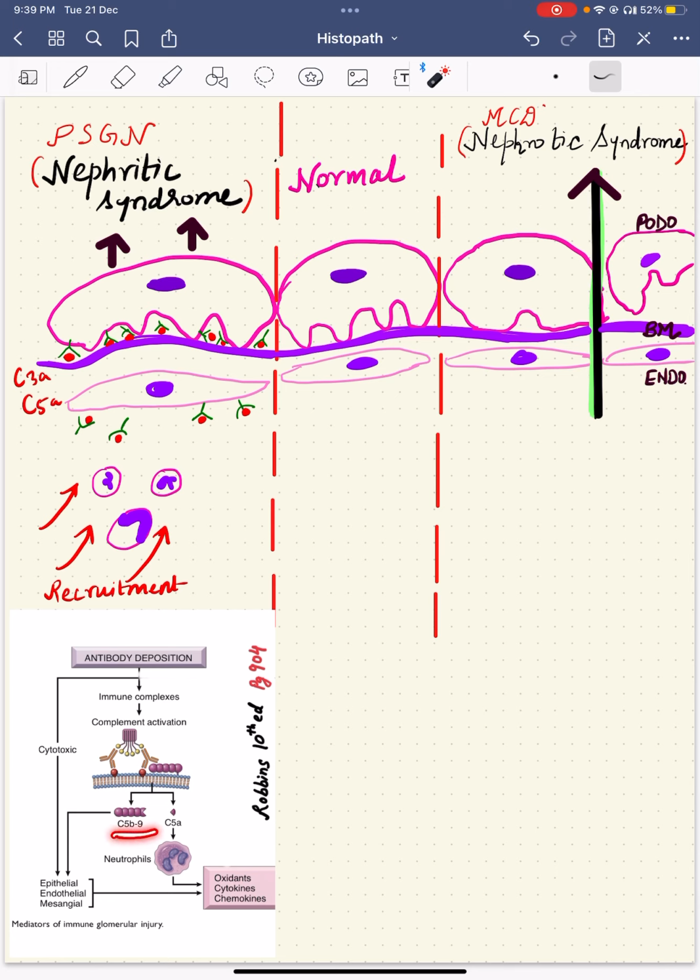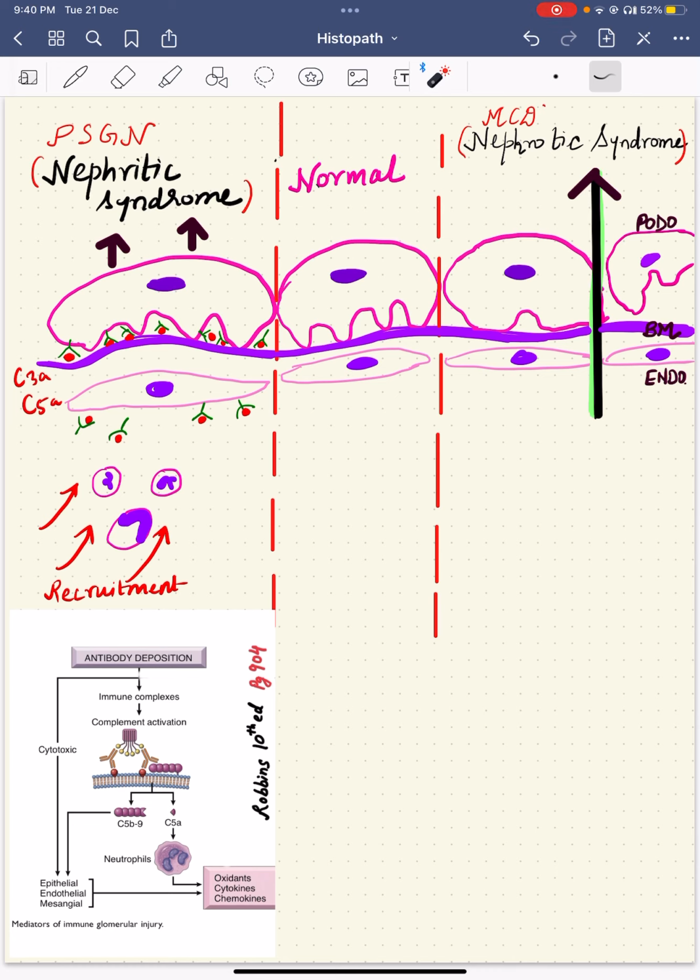Also, the membrane attack complex is formed, which will cause damage to the cells of the glomeruli, that is epithelial cells, endothelial cells, mesangial cells, and also release of cytokines, chemokines. So all this will cause the glomerular damage, and because of the glomerular damage, these antigen antibody complexes will also get deposited in the subepithelial location.